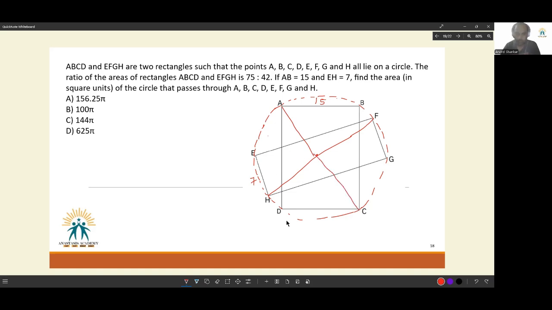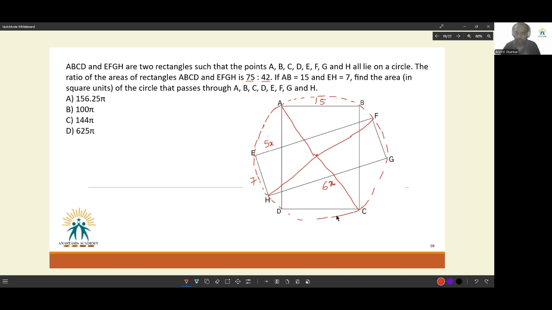Now, I'm saying let AD be X. Or let it be 5X, because we know the ratio of area is 75:42, no? 15 into 5X and 42X. So this will be 7 and this will be 6X.